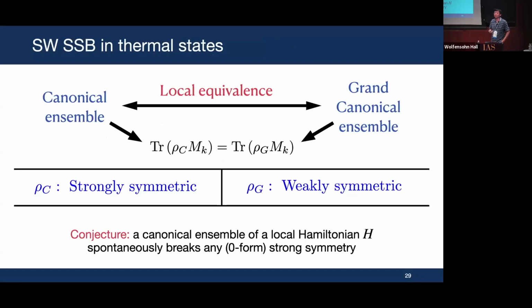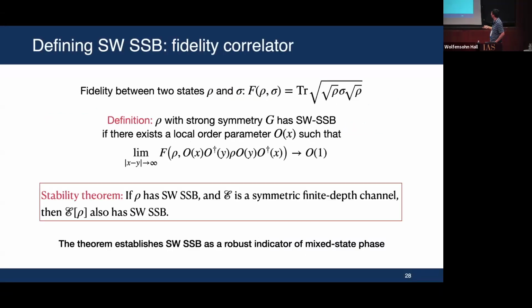Sure. I was just wondering, in your stability theorem, you point out finite depth circuit, and you've been careful to point out quasi-local everywhere else. Yes, so I've deliberately been hiding the statement for quasi-local because we only managed to prove a weaker result for quasi-local circuits.